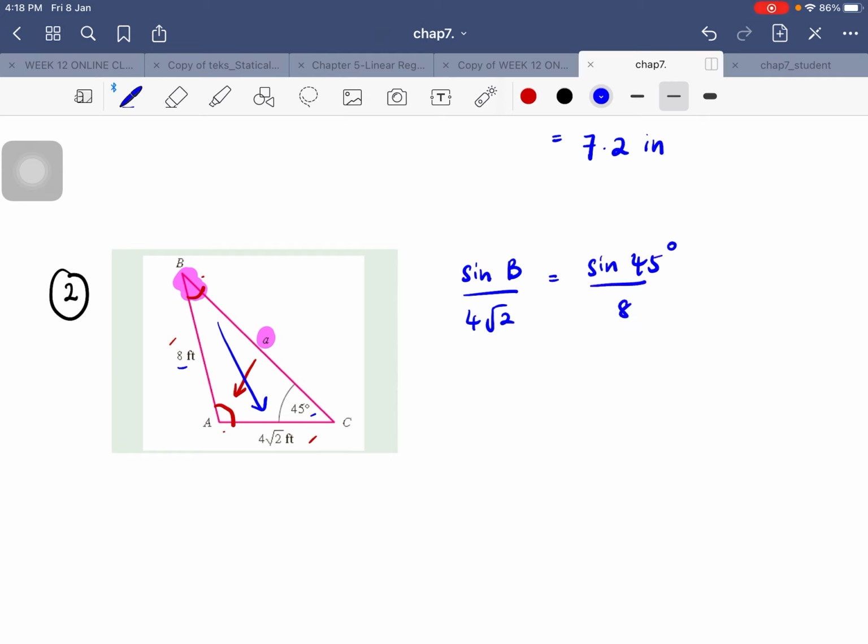So now I can easily find sine B. Sine B is going to equal sine 45 degrees divided by 8 multiplied by 4 square root 2.